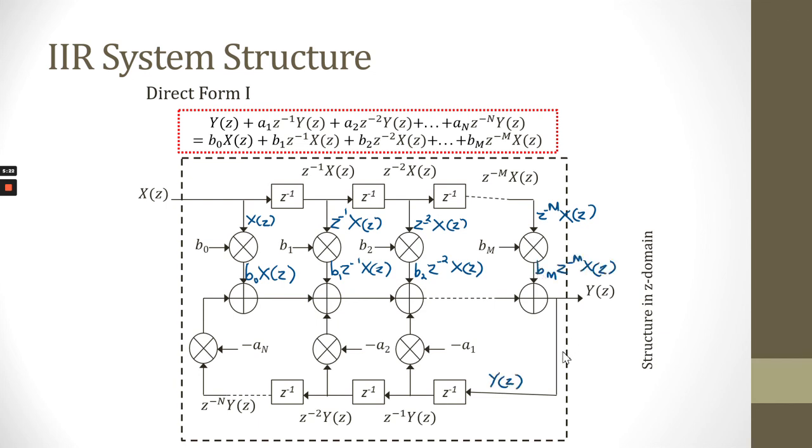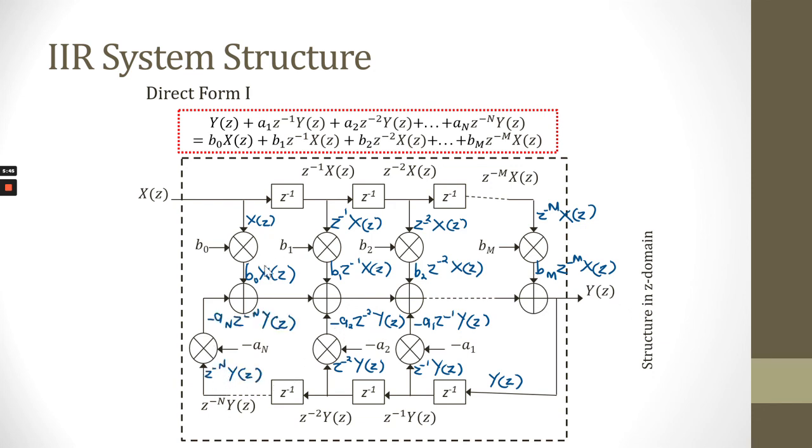This is Y(z). After we apply the delay unit in the z domain, it produces z^-1 Y(z), and multiplied with coefficient negative a1 it will produce this one. The next part is z^-2 Y(z): after we apply a double delay unit in the z domain and multiply with negative a2, it will produce this one, and so on.